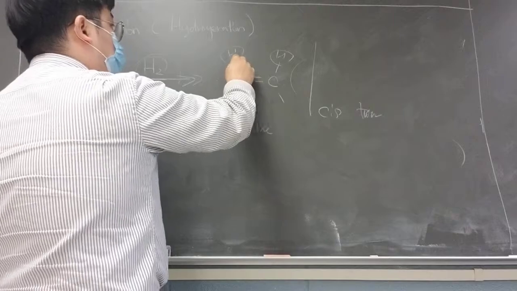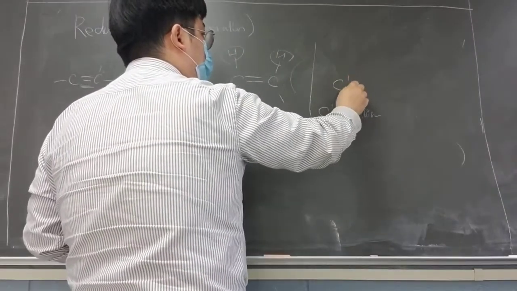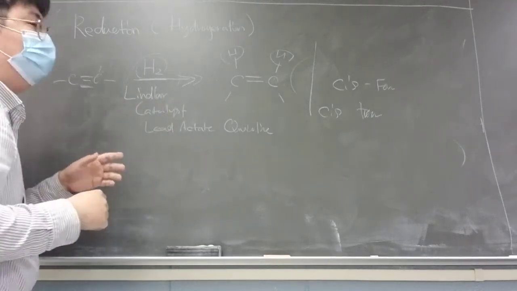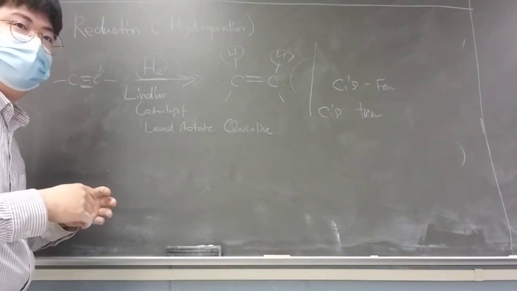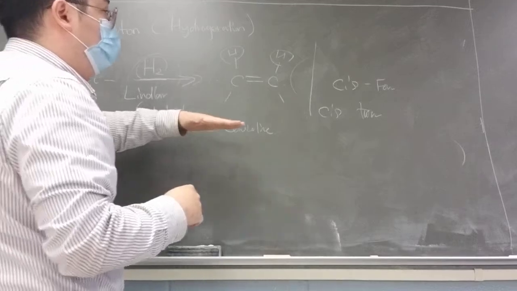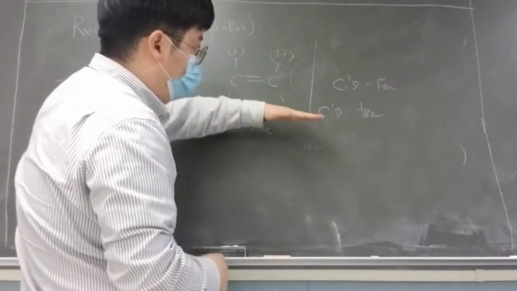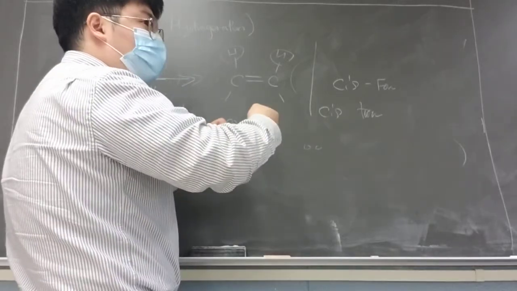Just remember this will be the cis form after the catalyst treatment. This makes sense because they go onto the metal catalyst surface and the hydrogens are added on the same side.